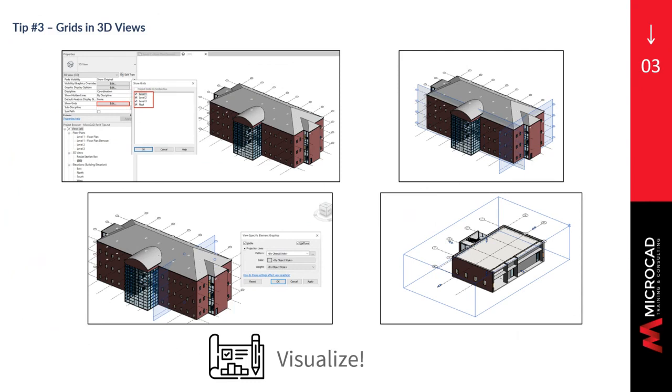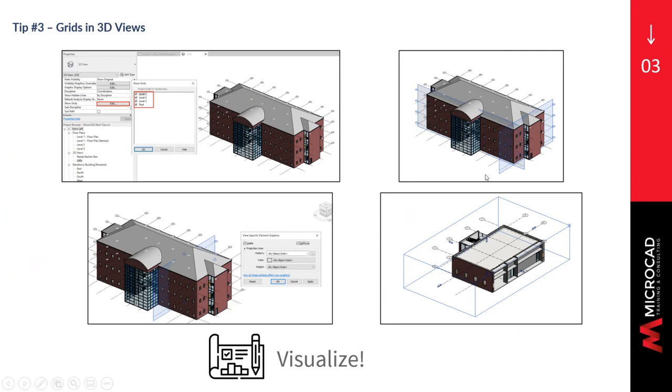And the nice thing about this feature is that you can resize the extents of the 3D view using your grips. So you can extend your grid within the 3D view, which is going to allow you to control any annotation visibility for each grid using the corresponding checkbox for your view.